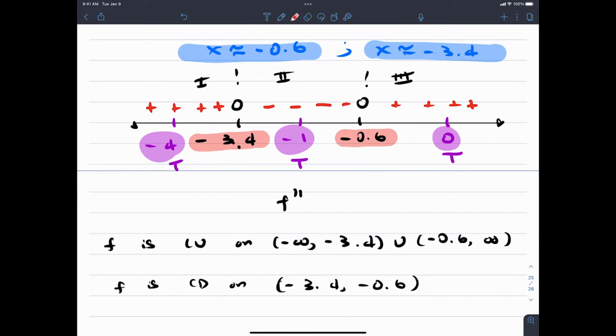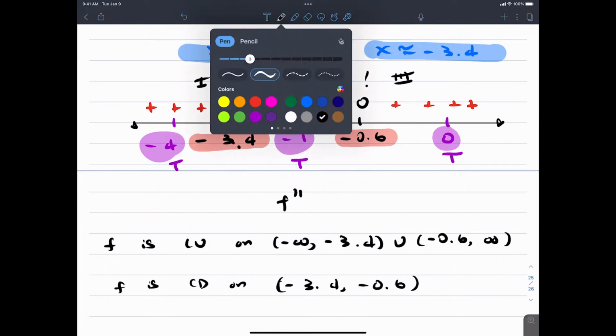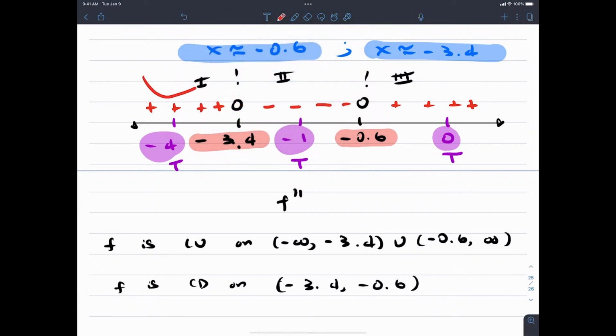Why? Because remember concavity, right? What is that symbol for the second derivative? This holds water. This is your umbrella. This holds water. Concave up, concave down.